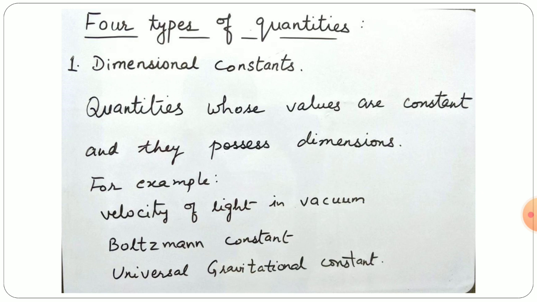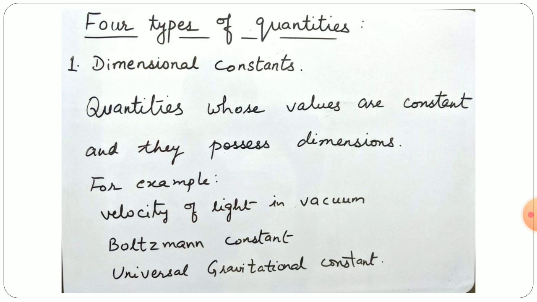For example, velocity of light in vacuum. Velocity of light in vacuum has a constant value 3 into 10 to the power 8 meter per second, and its dimension will be same as that of velocity, that is L T to the power minus 1.